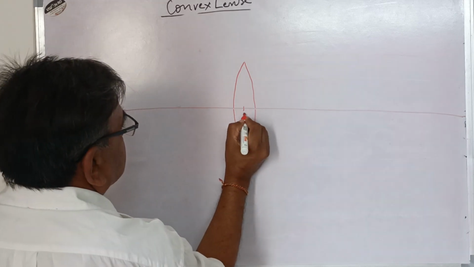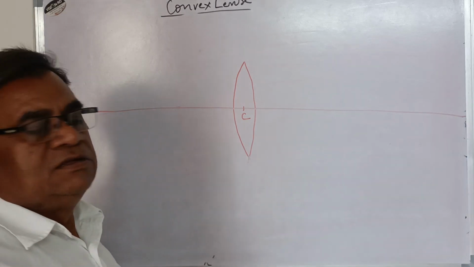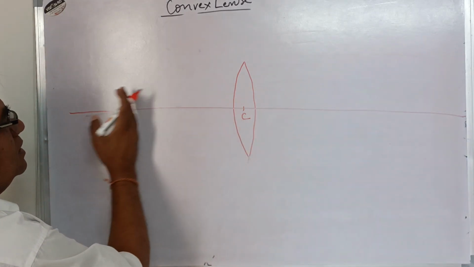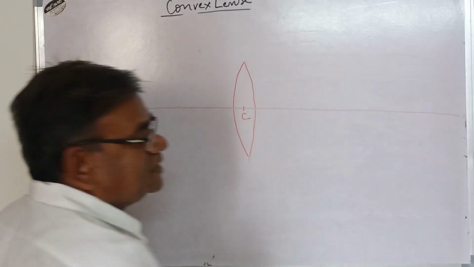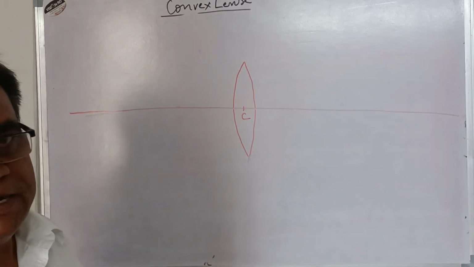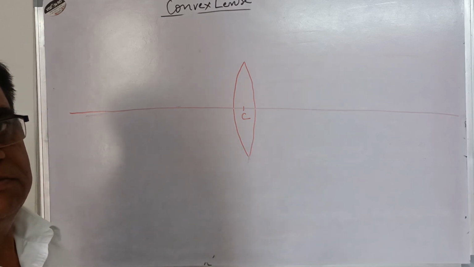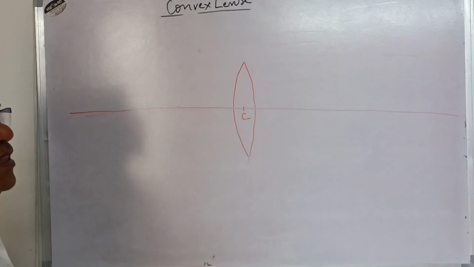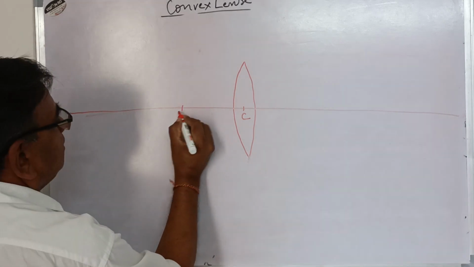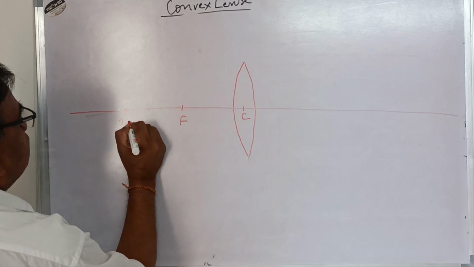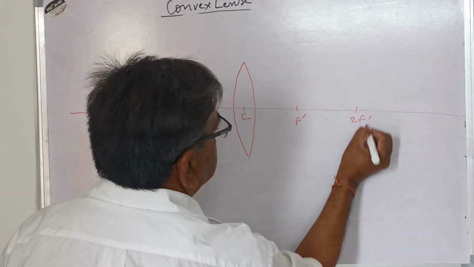In all cases, when the object is on the left side and the image is formed on the right side, the image will be real and inverted. It may be diminished or magnified, but when the image is not real, it is virtual. This is f, this is 2f, this is f dash, this is 2f dash.